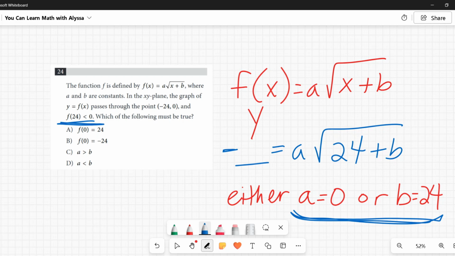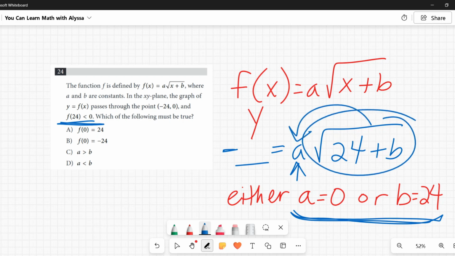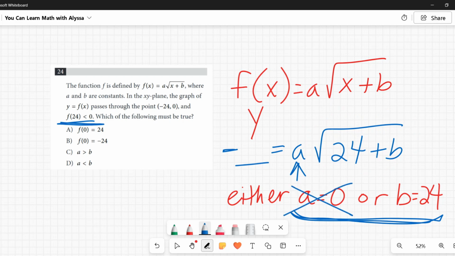Okay, what happens if I plug in 0 for a? It doesn't matter what b would be, because it would be multiplied by 0 and I would get 0 again. Not less than 0, not a negative number, just 0. That's not happening, so a is not 0. So this must be true: b is 24.